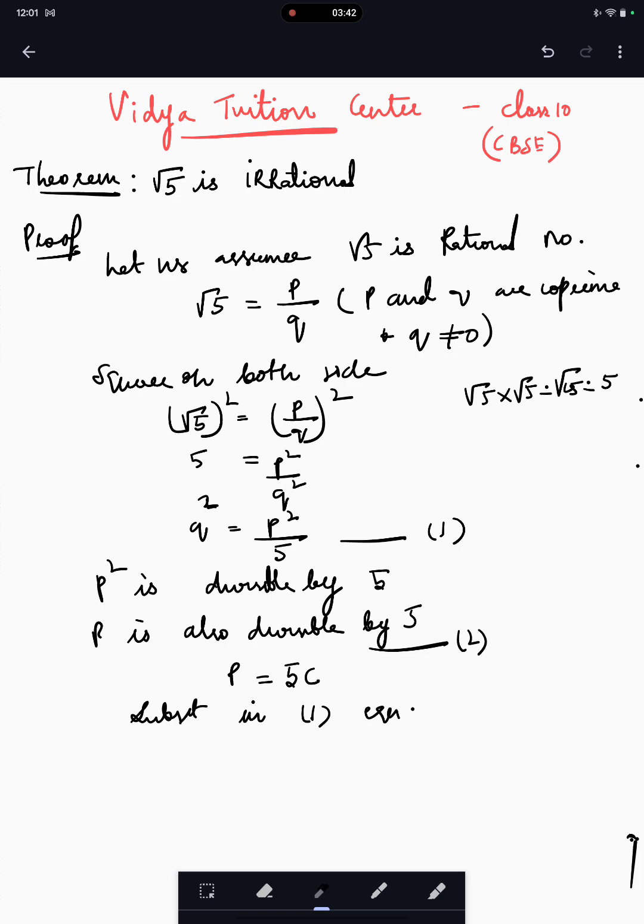Alright. So P is equal to 5C. I am applying it in this equation. So what is the equation here? Q square equal to, actually P square is here, so 5C the whole square by 5. Okay, so 5C the whole square will be 25C square by 5, which is 5C square.